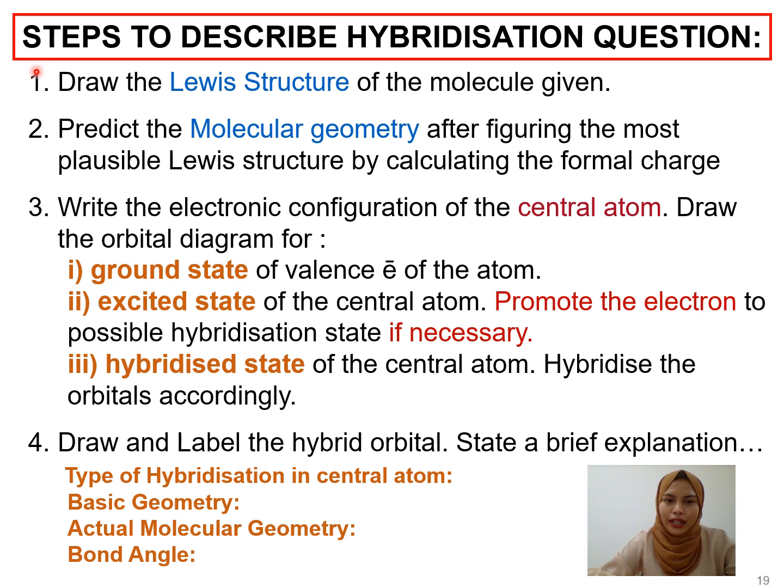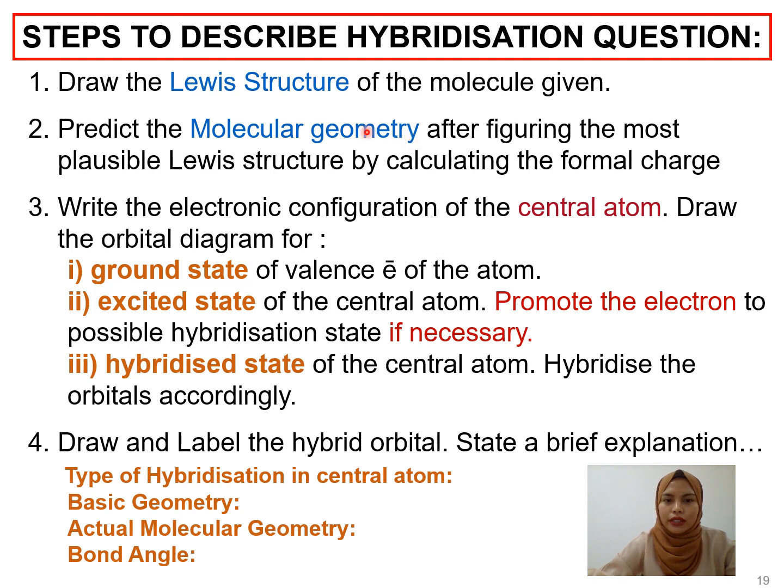Alright, so I hope that you will not forget the steps when a question asks you to describe hybridization. The first step is to draw the Lewis structure of the given molecule. Then predict the molecular geometry by looking at the central atom. Look at how many lone pairs and how many bonding pairs there are, okay?